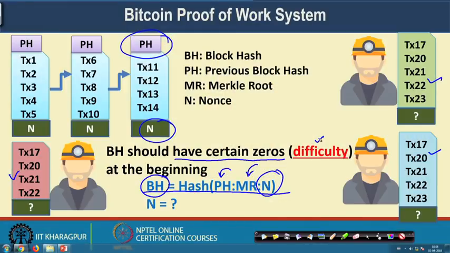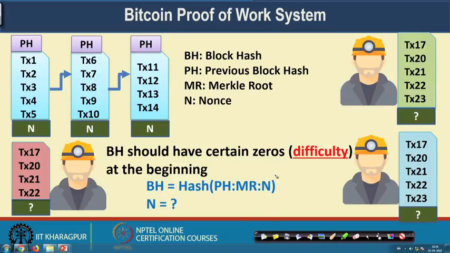Now, the miners will try different values of nonce to find a block hash value which satisfies the given difficulty, that is, a certain number of zeros at the prefix of the hash value.